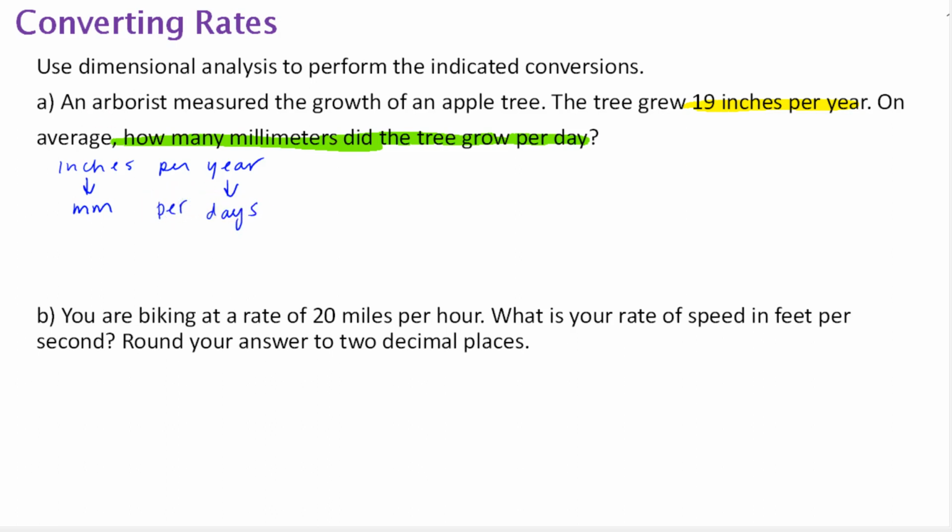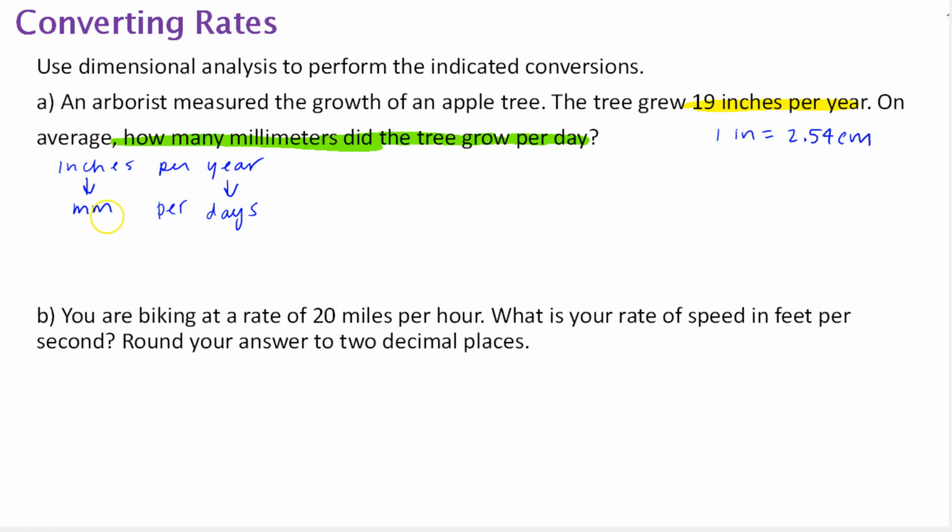So let's write some conversion equations and then set up the conversion factors that will work with this problem. So if we want to change inches to millimeters, you can look this up on a measurement chart. The ones I'm thinking off the top of my head is that 1 inch equals 2.54 centimeters.